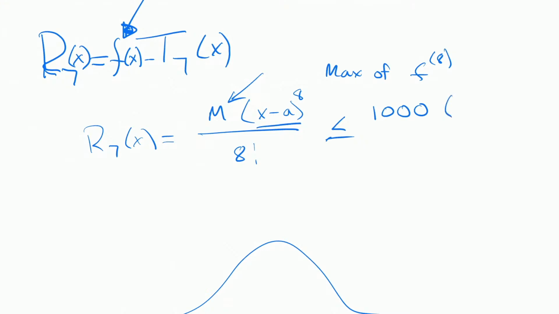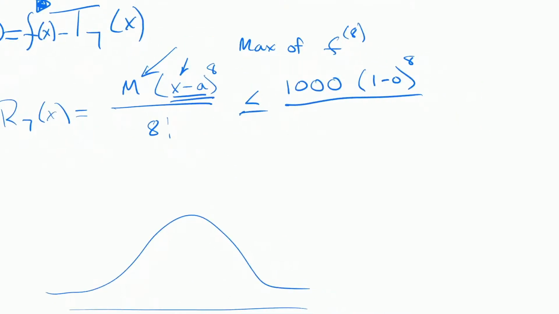Now x minus a, what is that? Well, the center is 0. And so the worst that you could get is x equals 1 minus 0 to the 8th power. And then 8 factorial is just 8 factorial. 7 factorial is 5040. So 8 factorial is 40,320.